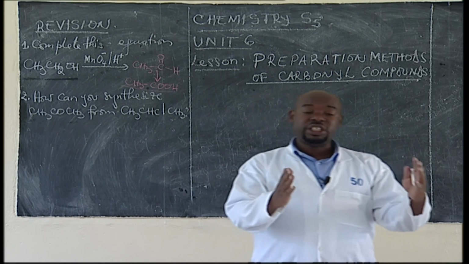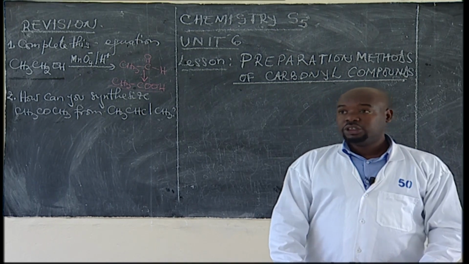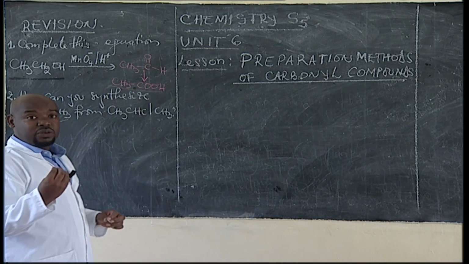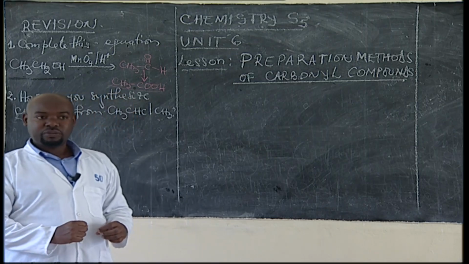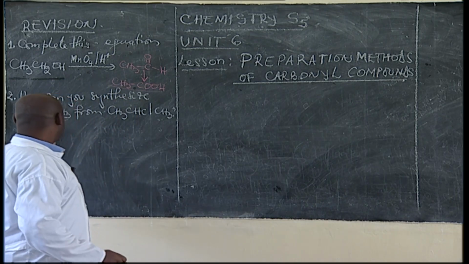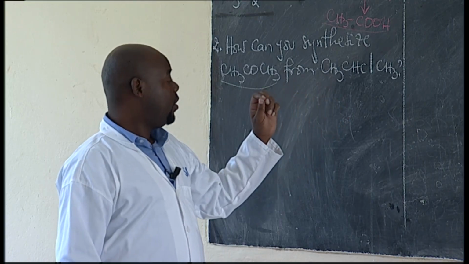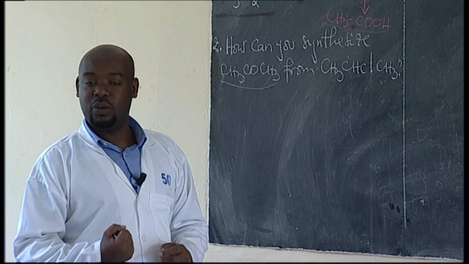And when we oxidize primary alcohols, we produce aldehydes. So this one being a ketone, we can think about preparing it from a secondary alcohol. And if we have to use a secondary alcohol, let us see if there is a way we can convert this one into an alcohol.